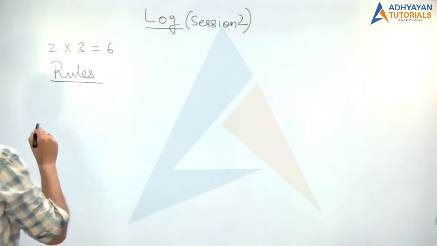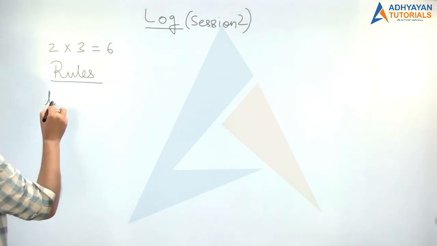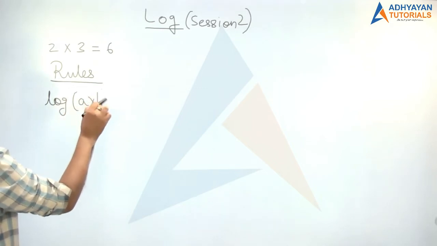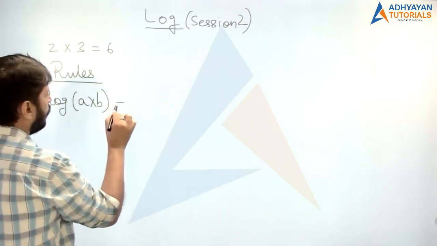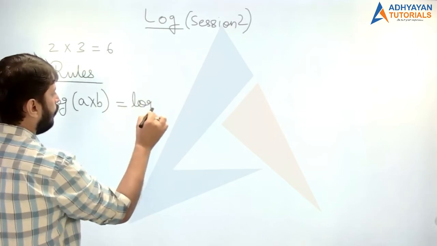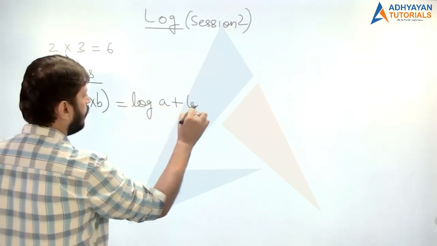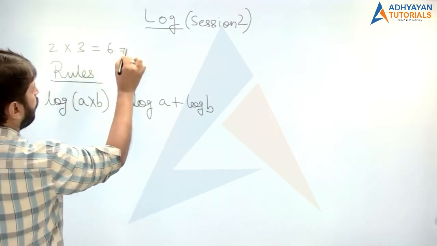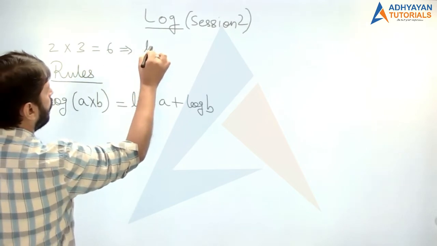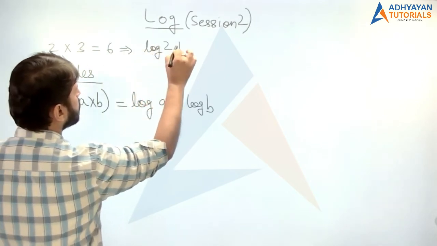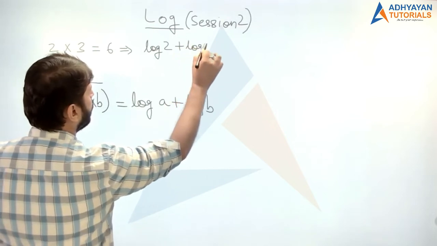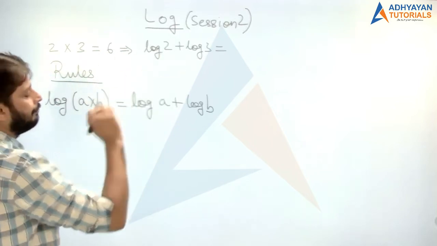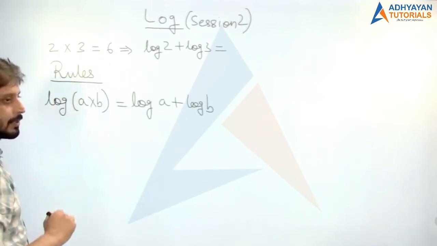If you have log of a into b, in the log, we write it as log of a plus log of b. So the same thing that I have written here in terms of log, I would write as log of 2 plus log of 3. Then I'll have to find the values, and that should come equal to 6.